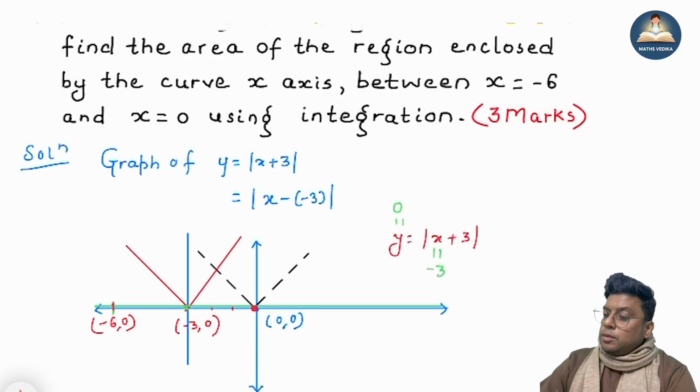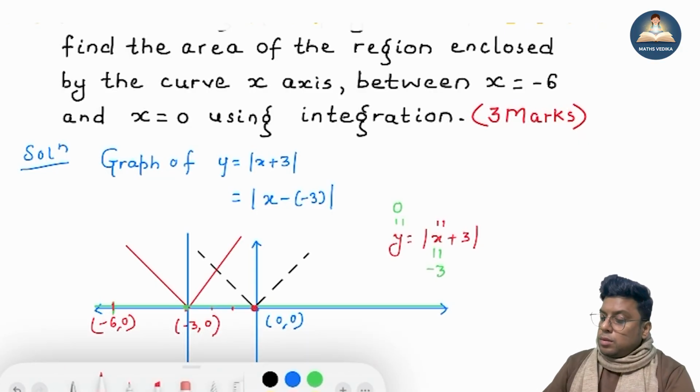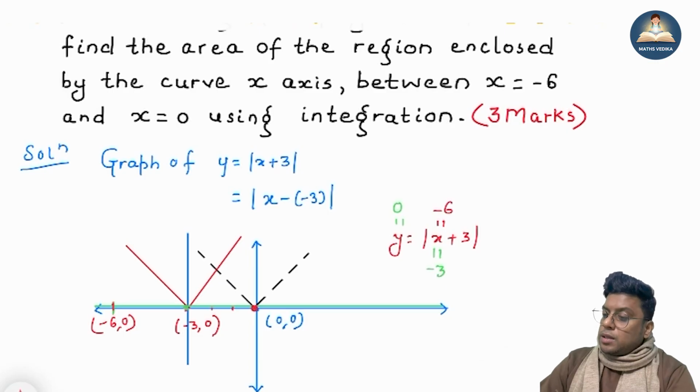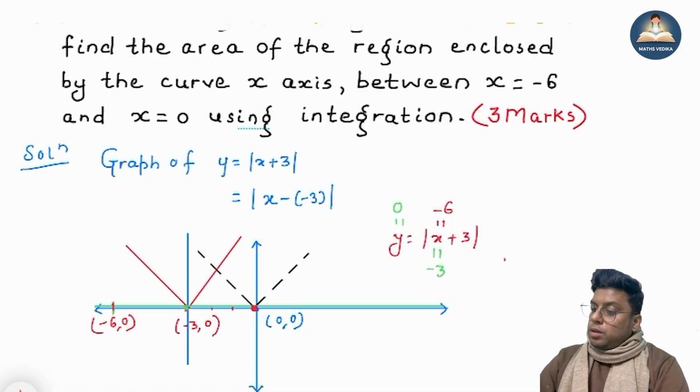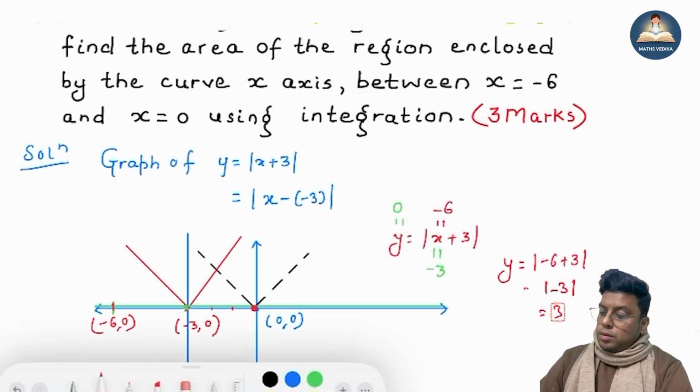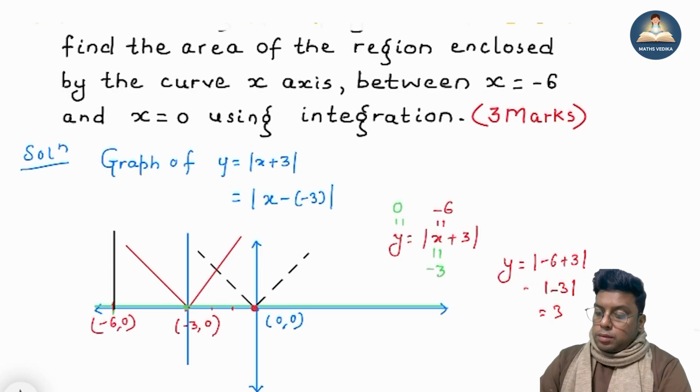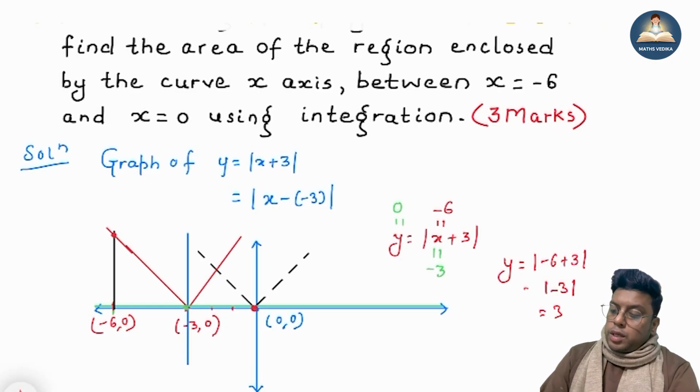When x = -6, y = |-6 + 3| = |-3|, which is equal to 3. So this point will be (-6, 3).